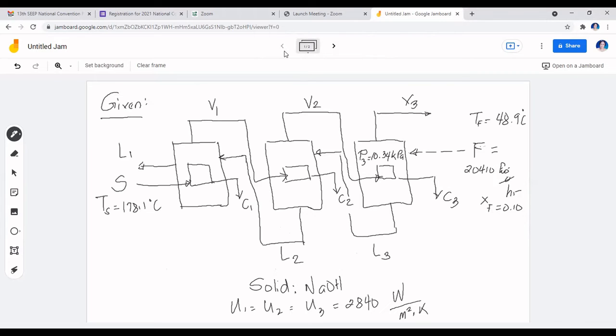This is your system. What's your overall material balance here? F is equal to V plus L3.